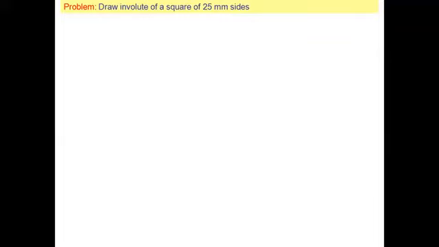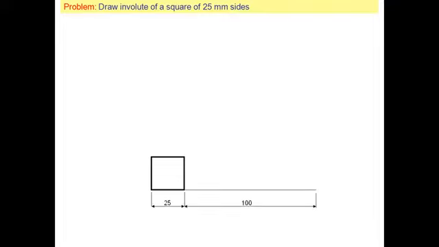The next is to draw the involute of a square of 25 mm side. How to draw the 25 mm square? Everybody knows that: draw one horizontal line and the 90 degree lines to complete the square of 25 mm. The perimeter of the square is 4 into 25, which is 100.